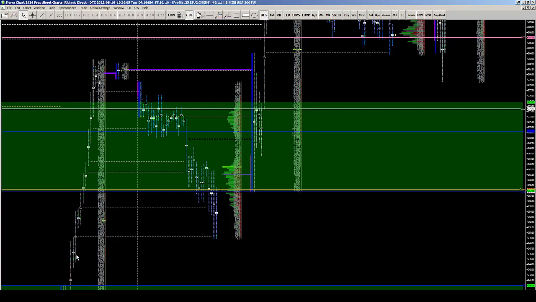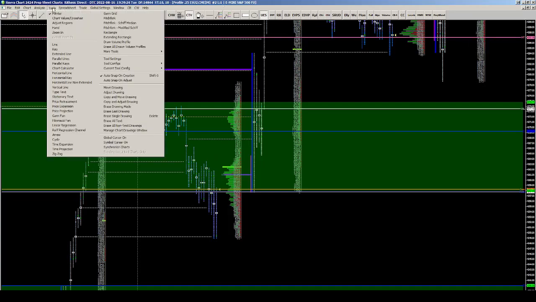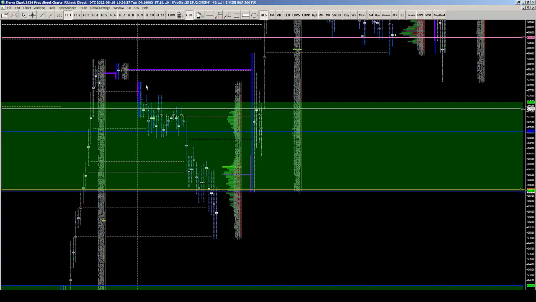So this is a grind higher, but then coming into the weekend, it was again a channel. Let me see if I can pause this video. I'm going to go ahead and correct this right now, because I need this tool. Maybe I can just pull it off of this. Parallel lines. Here we go.